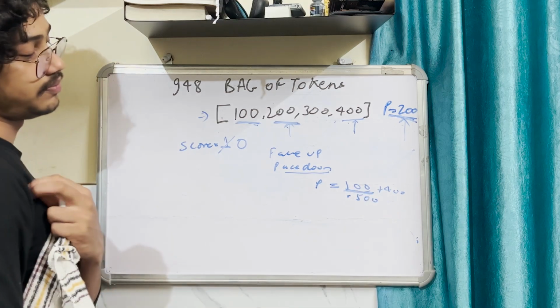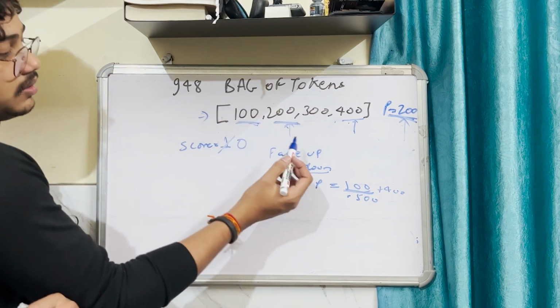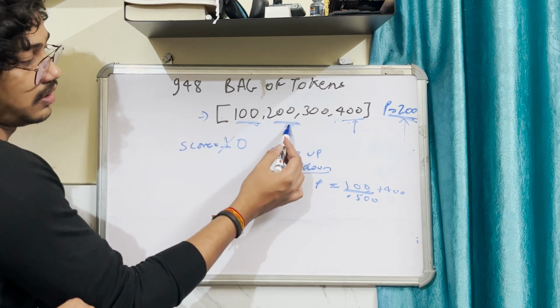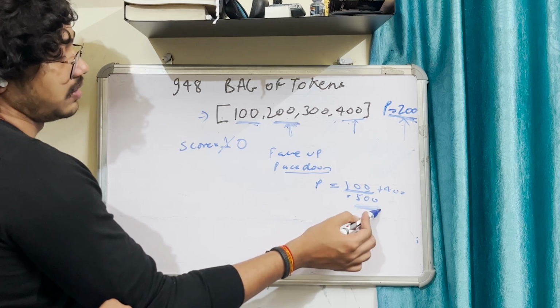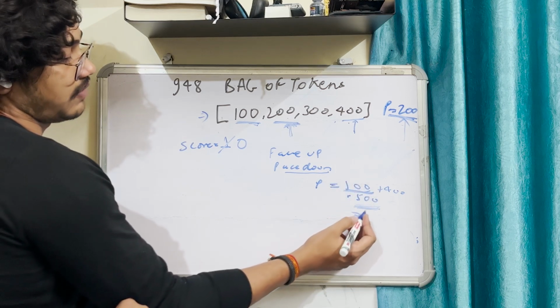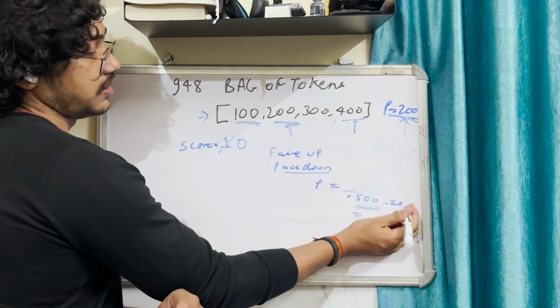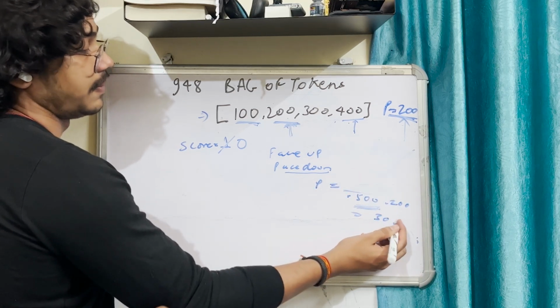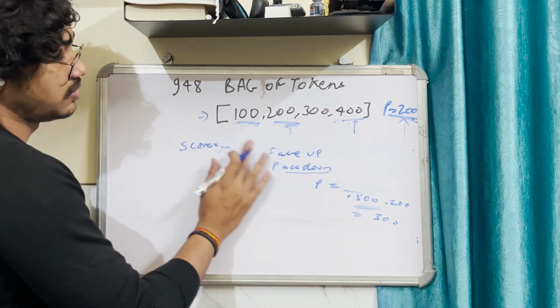After this, we can again face up this value. For example, this is 200, and we can pay for it with our power. We have 500 minus 200, which changes to 300. We did the transaction, so our score will change to 1.